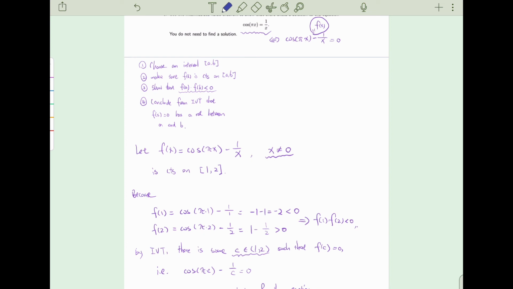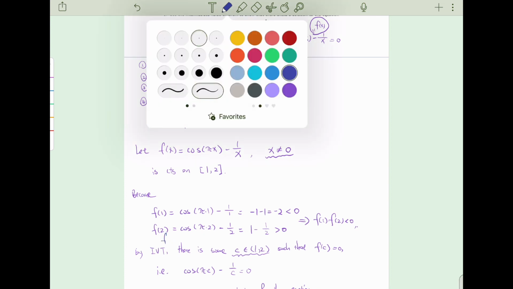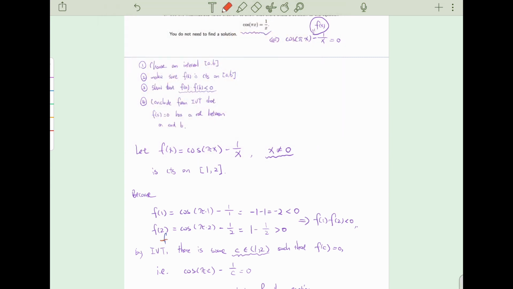What is f(4)? f(4) is cos pi times 4 minus 1 over 4, right? Which is also 1 minus 1 over 4. That is 3 over 4 greater than 0, right? Cos 4 pi is the same as cos 2 pi.